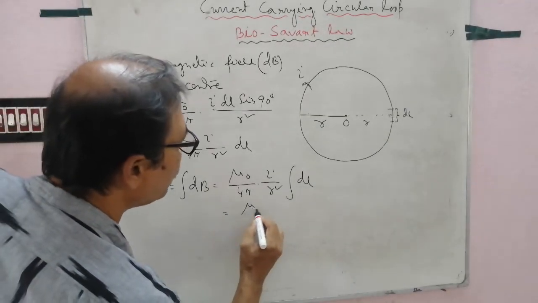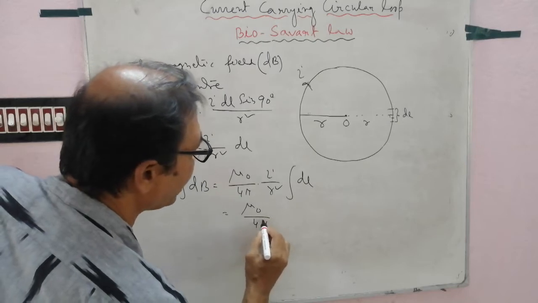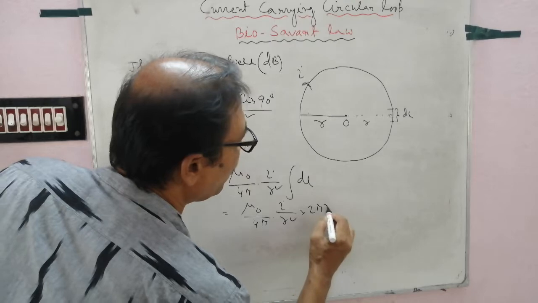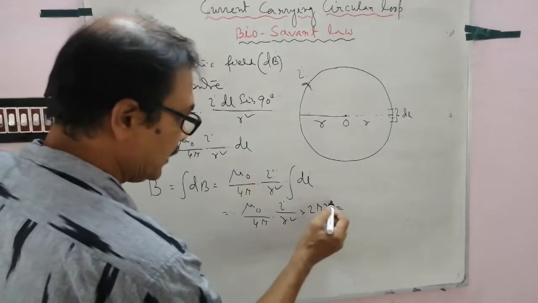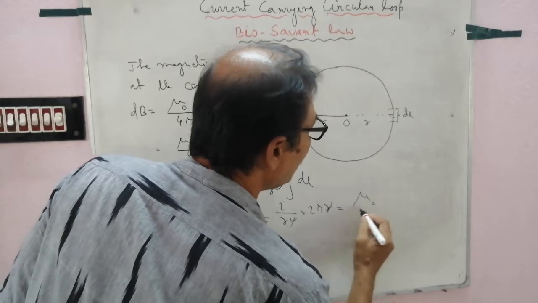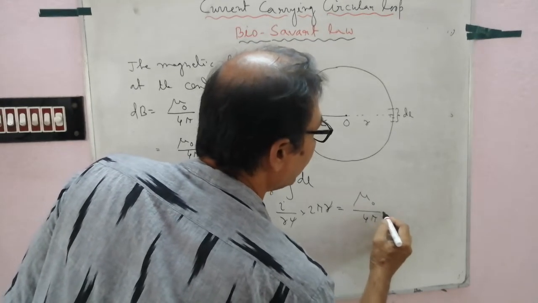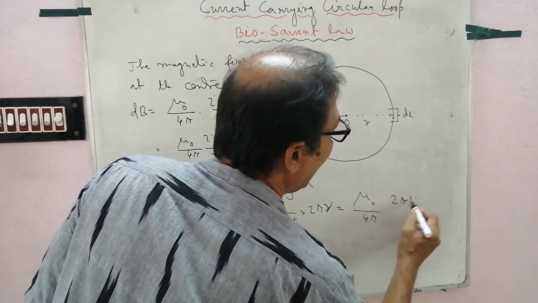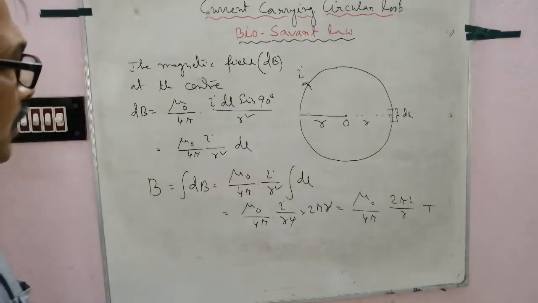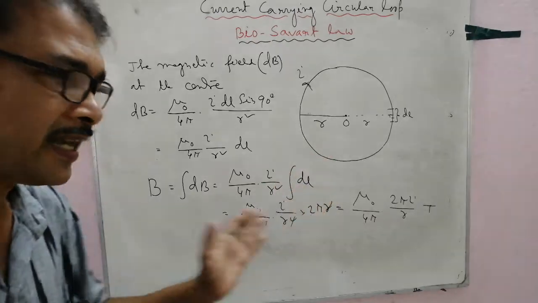So mu0 by 4 pi into I by r square into 2 pi r, total length. Final result we get mu0 by 4 pi into 2 pi I by r, of course in unit Tesla, because this is in SI system.